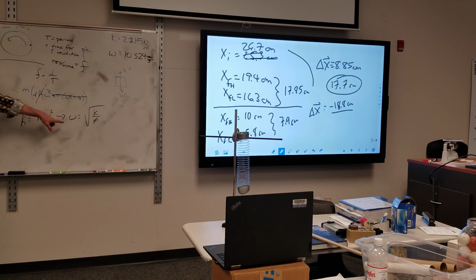But we have this angular frequency that we need to somehow deal with, and so the relationship is, as this thing is rotating around, you need to deal with the angle that goes through, so it's 2 pi over T, which is just 2 pi times the frequency.